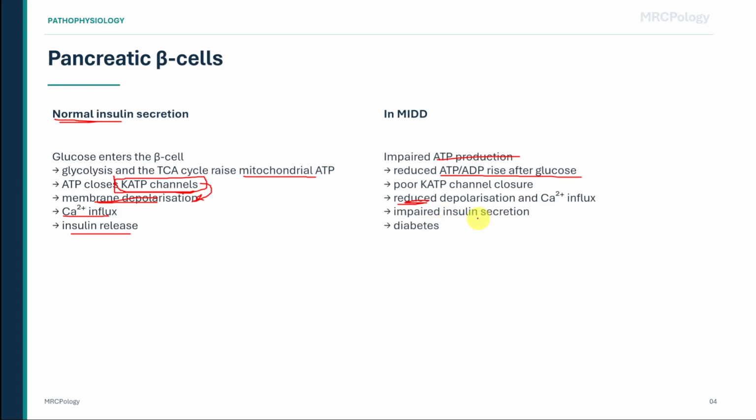The key mechanism is therefore defective glucose-stimulated insulin secretion caused by insufficient mitochondrial ATP production. Over time, progressive beta cell dysfunction produces increasingly insulin-deficient diabetes. This is why the condition may initially be mistaken for type 2 diabetes, but later behaves more like an insulin-deficient state.